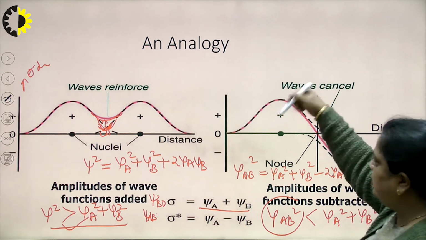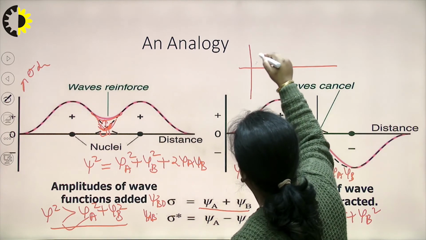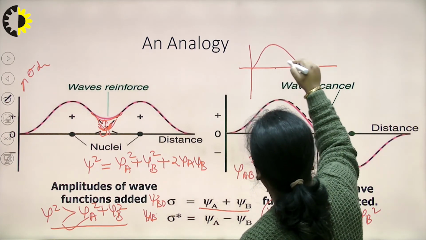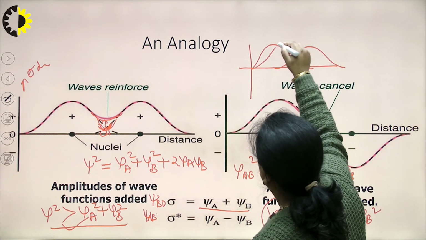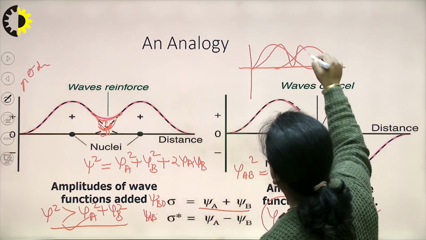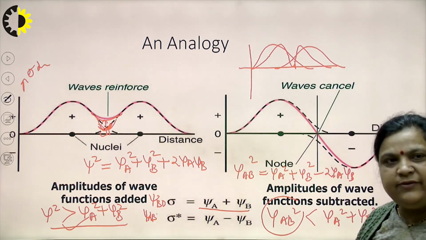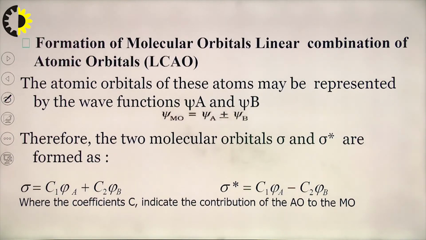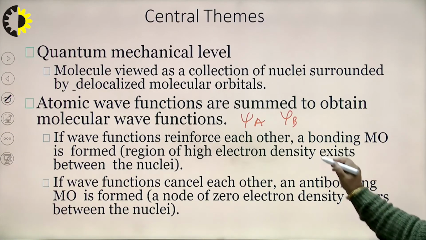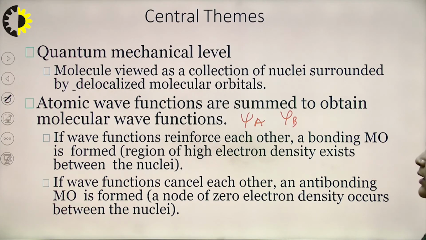We can draw this diagram like this. This is psi A square plus psi B square. So for antibonding we get like this. It means this value is always less than this value. So if they reinforce, then bonding, and if they cancel, then antibonding.